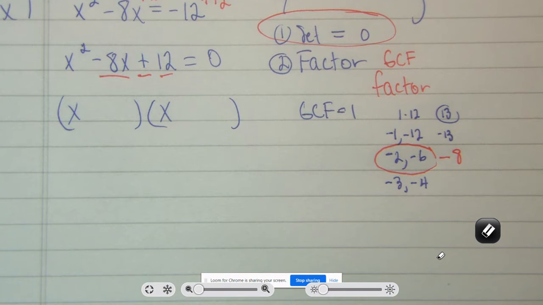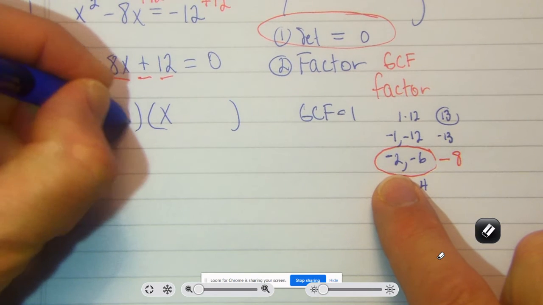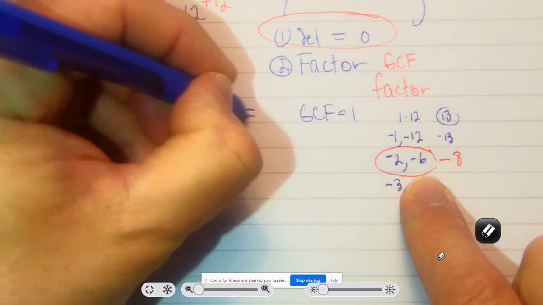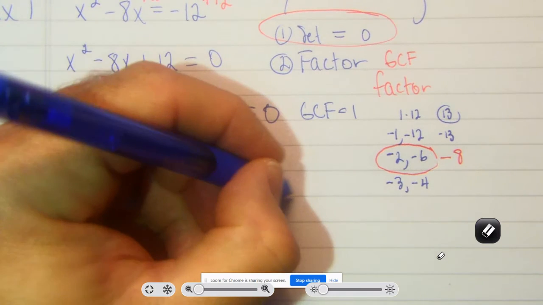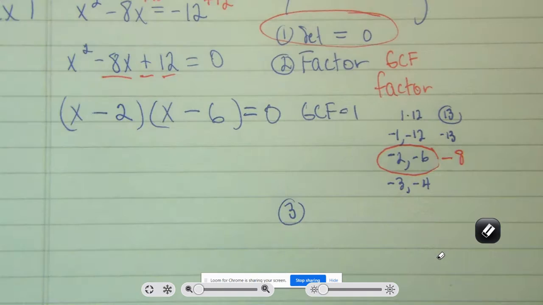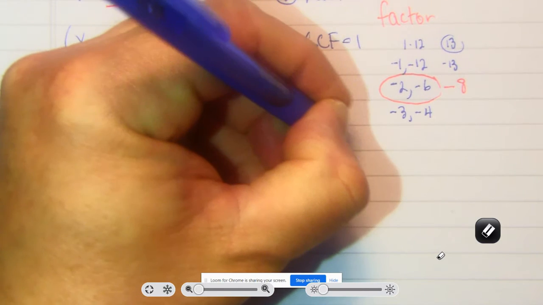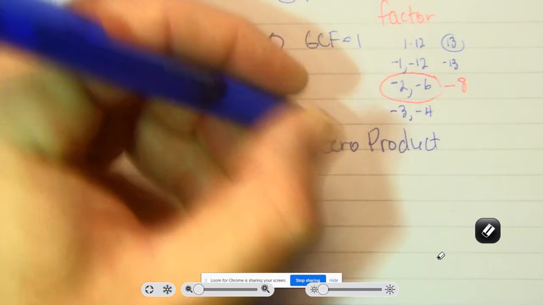So that's the one I'm looking for. So my factors are x minus 2 and x minus 6, and that equals 0. Well, the third step involves something that I think is a really cool property. It's called the zero product property.